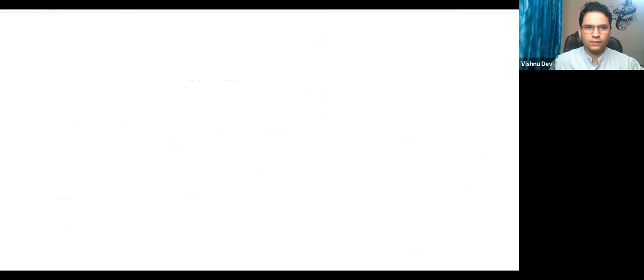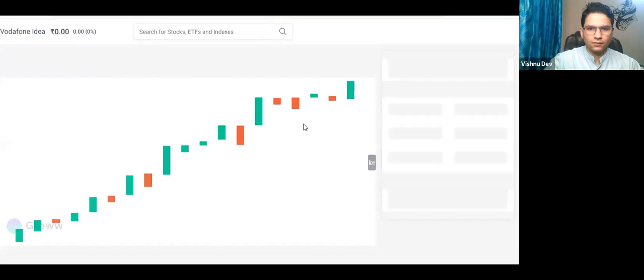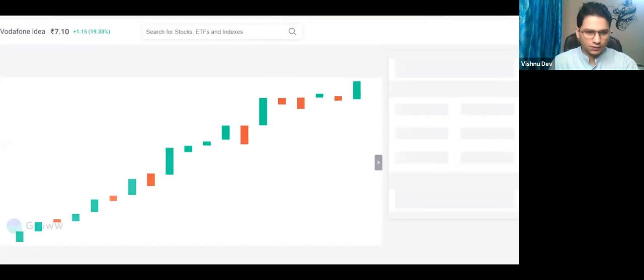So this is the technical chart of Vodafone Idea. It is still loading, guys.